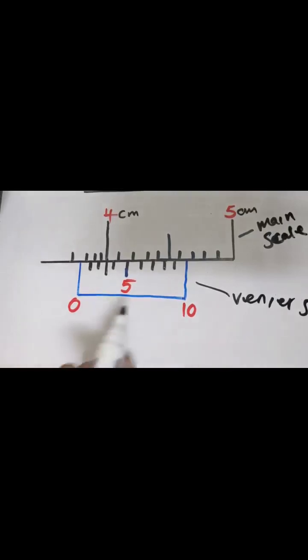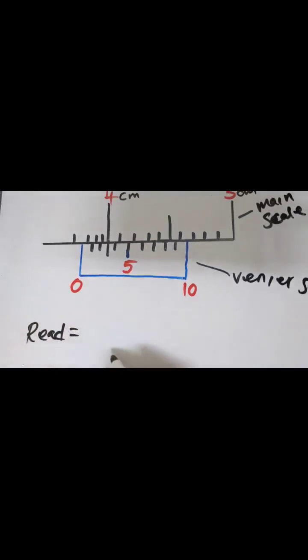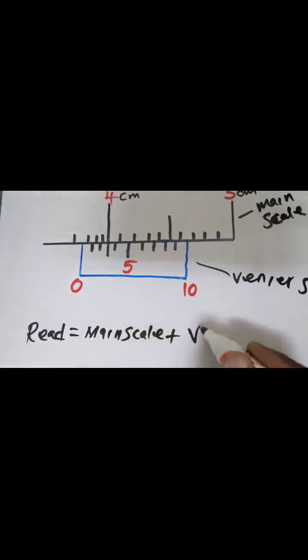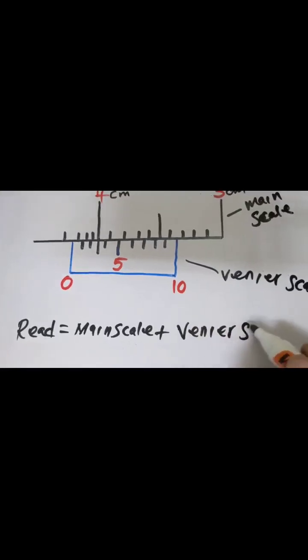Okay, so the formula, if you want to find the reading of the object, is main scale plus Vernier scale.